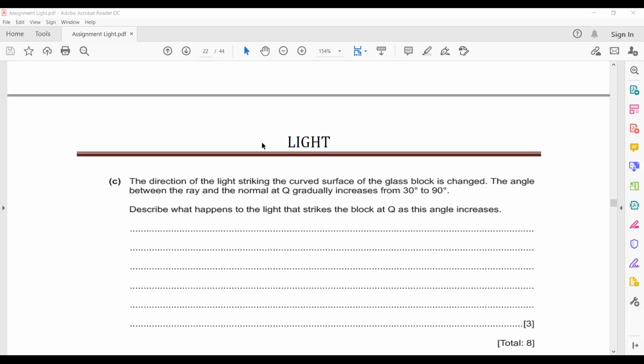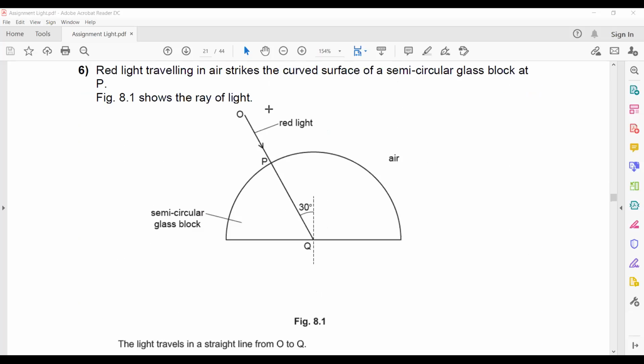So what we did was change this angle. First it is 30, then for example we made 35, then 40, then 45, then 50, and so on. So what will we observe if we change this angle?